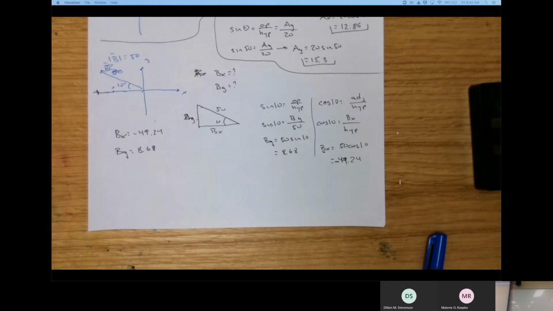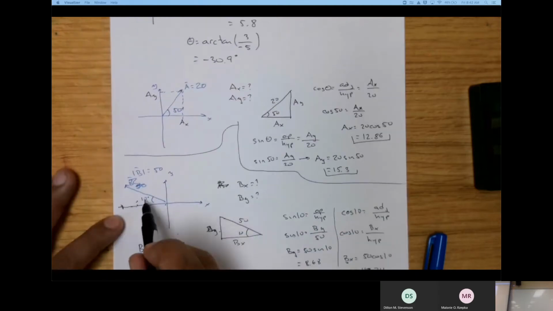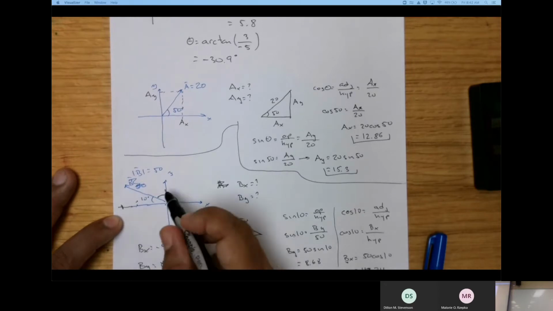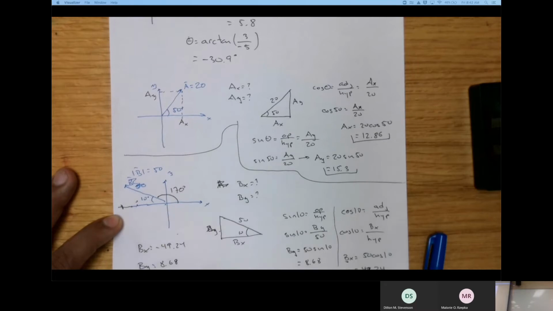Okay. Another option that you can try is that, okay, this is 10 degrees. So if this is 10 degrees, it means that this big angle over here is 170. And then you can use that angle, but then it's a little more complicated, because then you're not working with a right triangle.